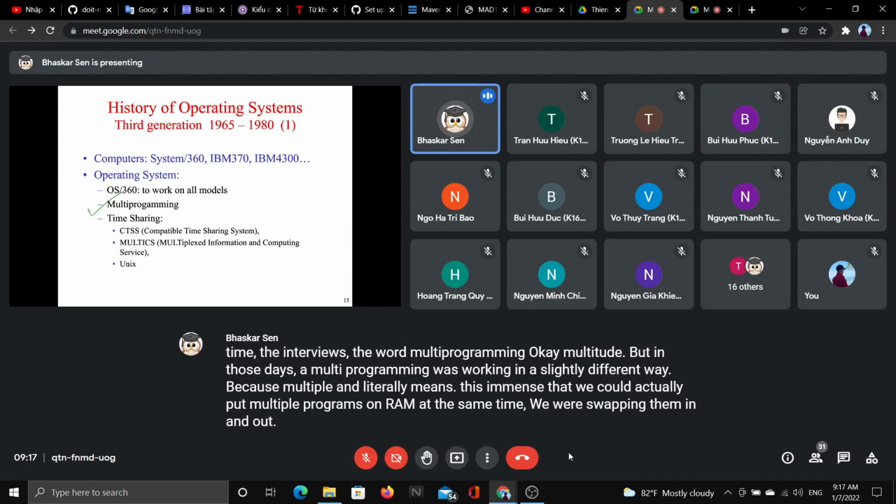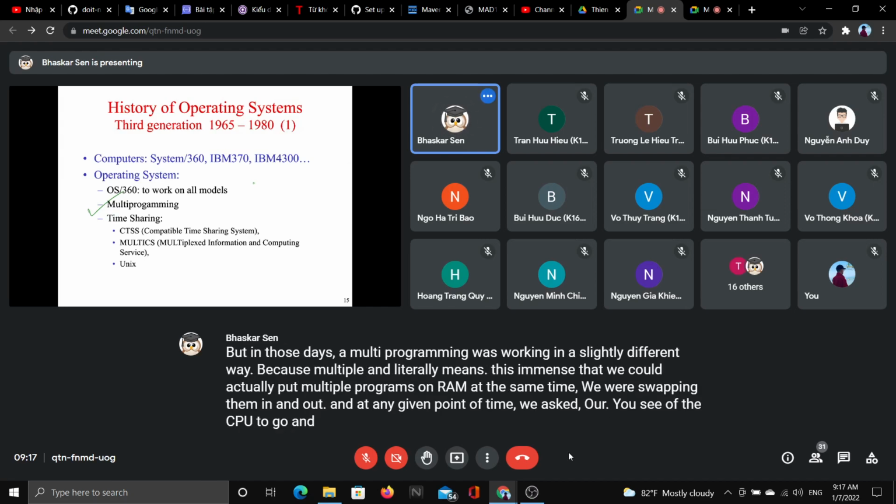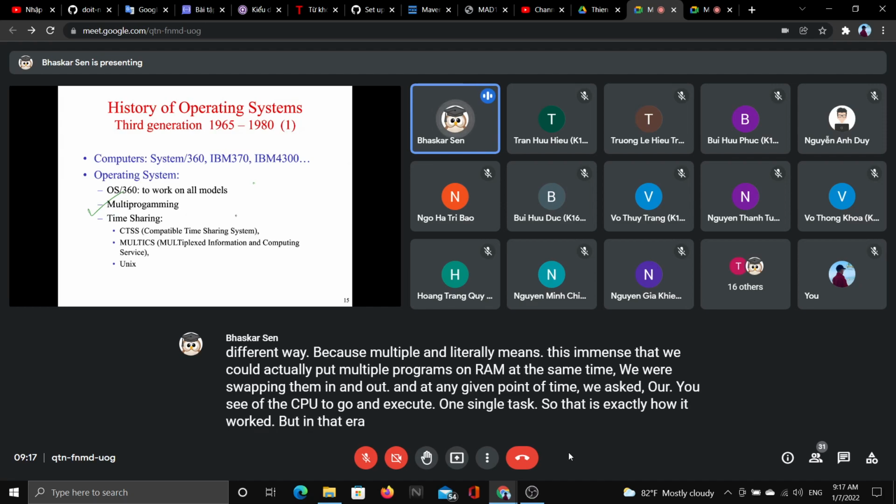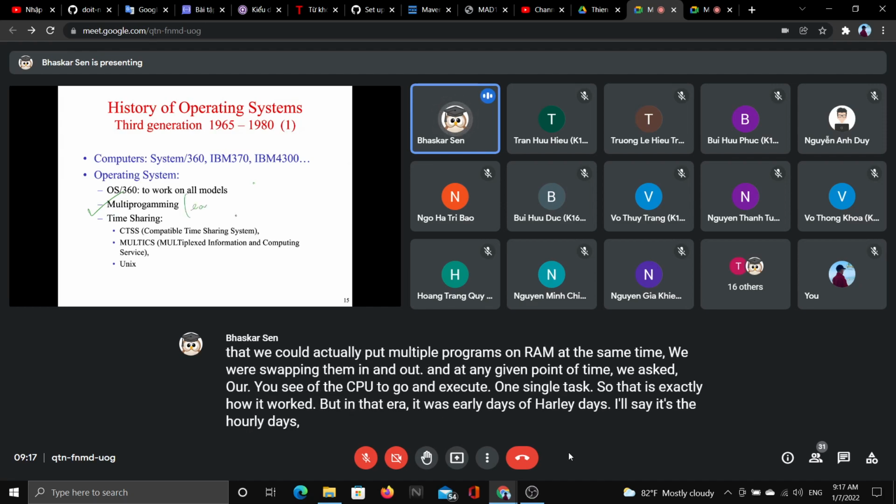At any given point of time, we asked the CPU to go and execute one single task. That is exactly how it worked. But in that era, these were the very early days of multi-programming.